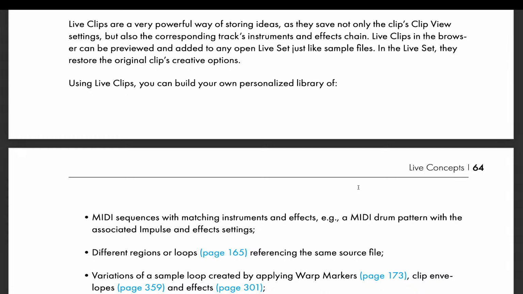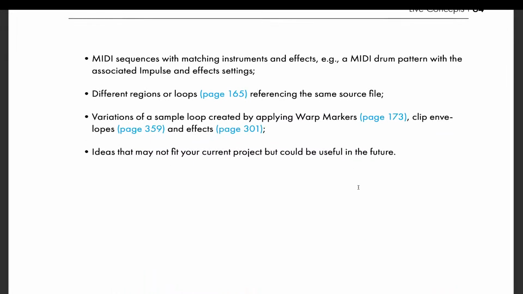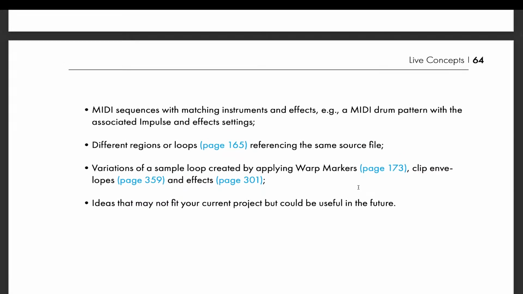Using live clips, you can build your own personalized library of MIDI sequences with matching instruments and effects. For example, a MIDI drum pattern with the associated impulse and effects settings. Different regions or loops, page 165, referencing the same source file.